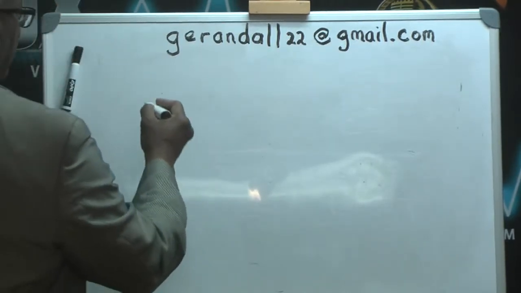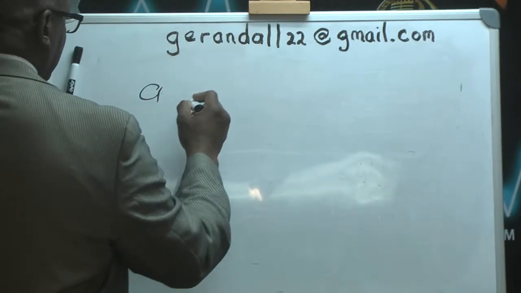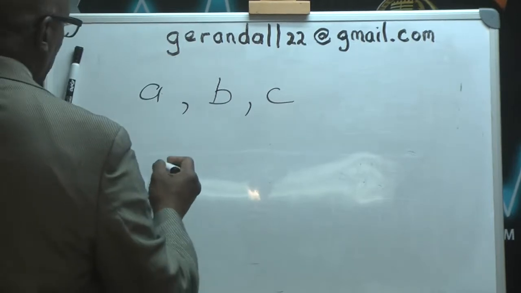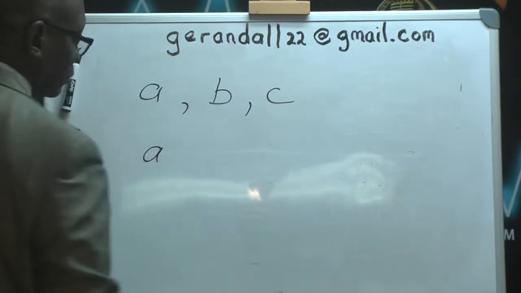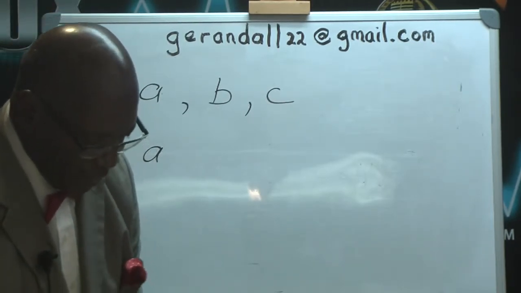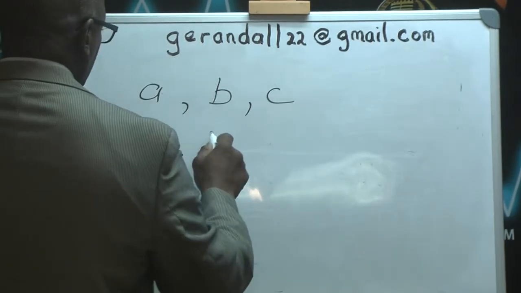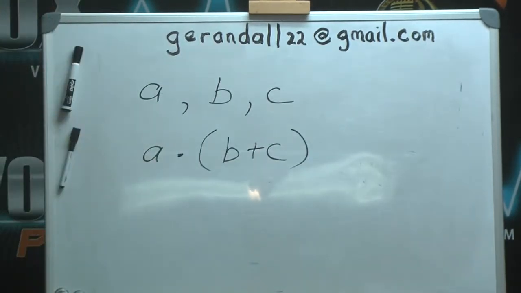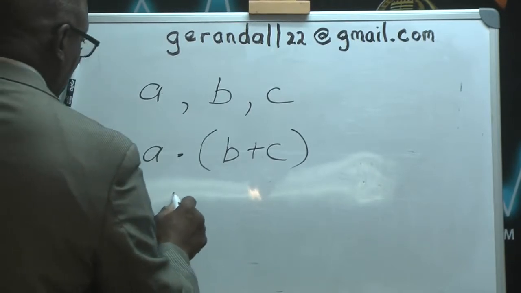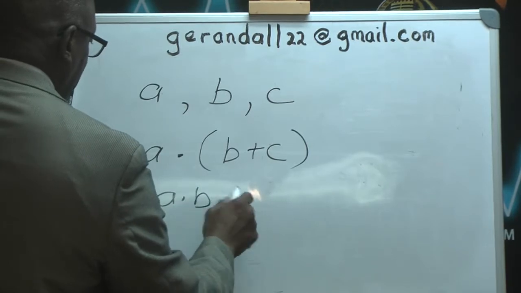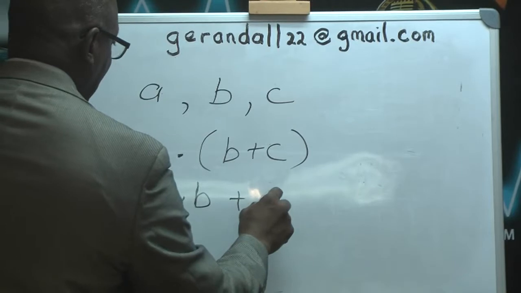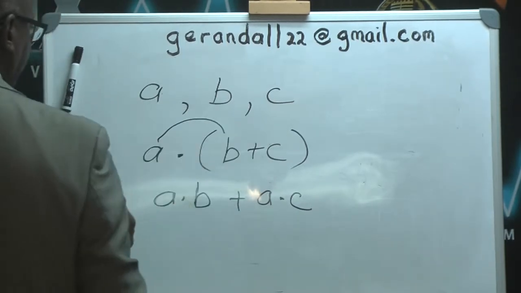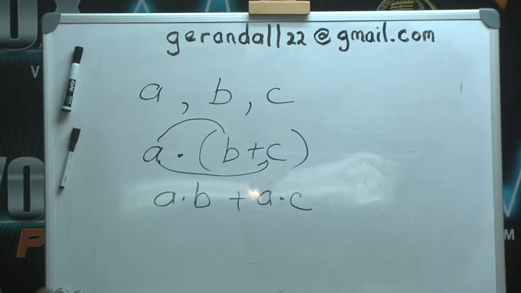For example, if you have three numbers, A, B, and C, and you wanted to multiply A times the quantity B plus C, you could distribute it by multiplying A times B plus A times C. In other words, we do this, A times B, A times C.